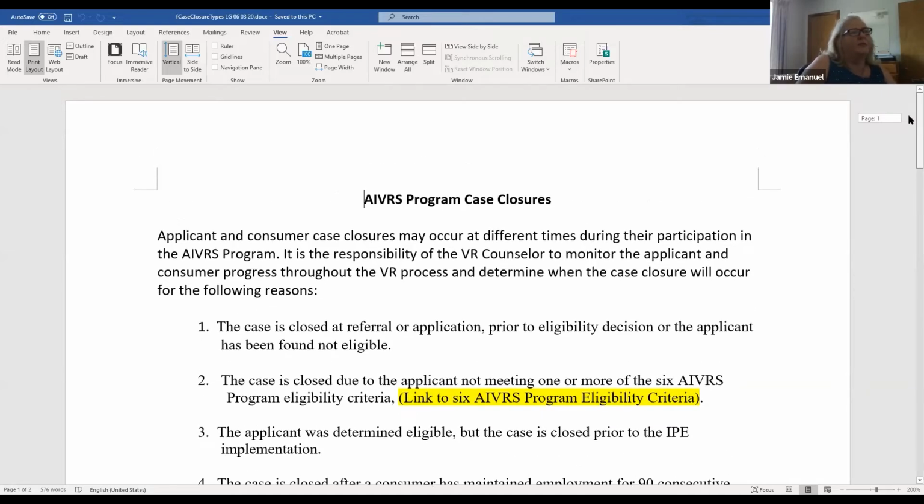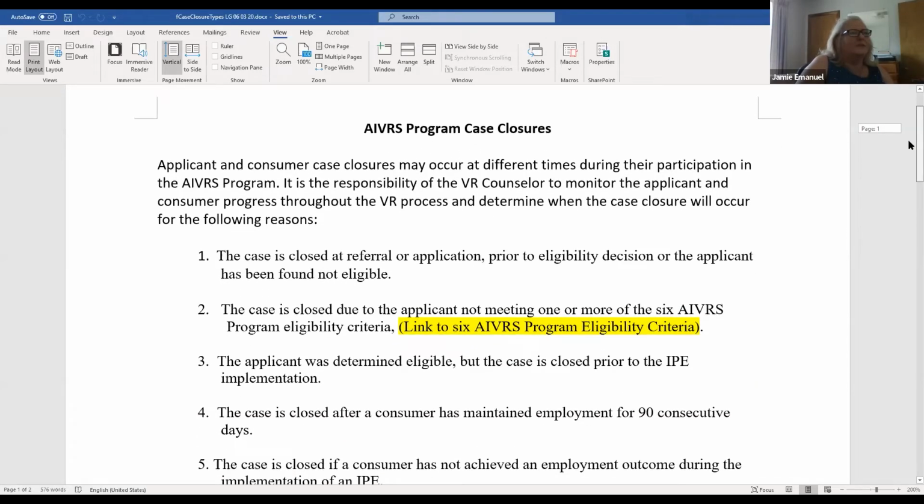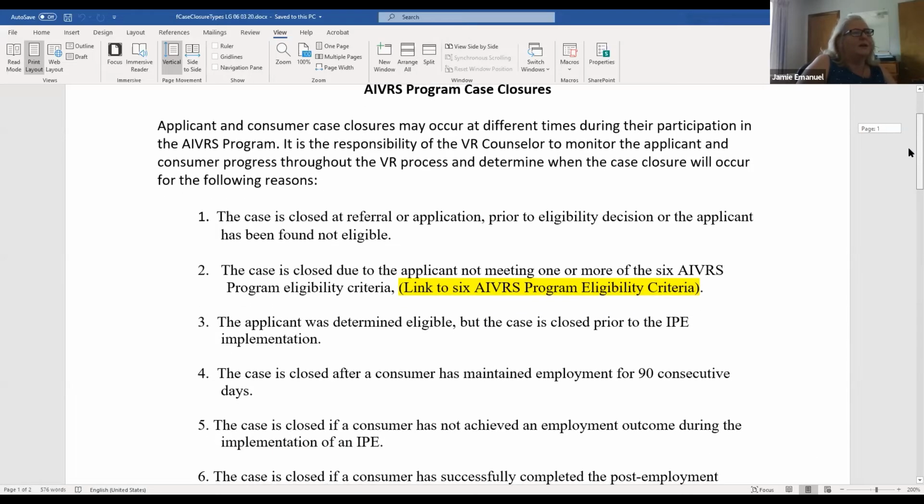But this was the form that was created by Dr. Gashioma, and it covers different program case closure types. He talks about how case closure occurs at different times throughout the VR process. You can close the case at many different steps, but what we really want to do is close that case at successful employment. But sometimes we don't.